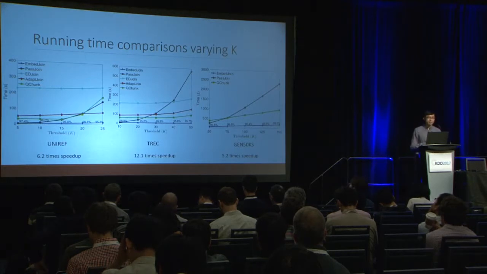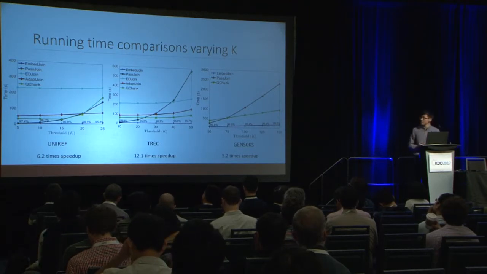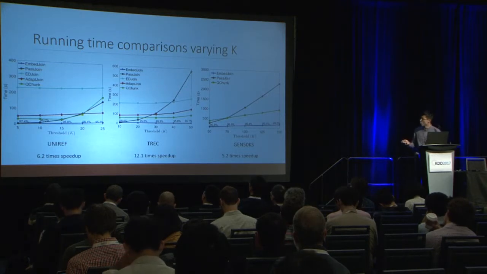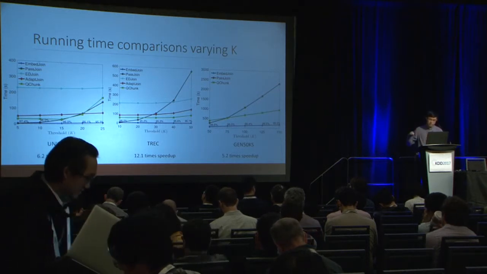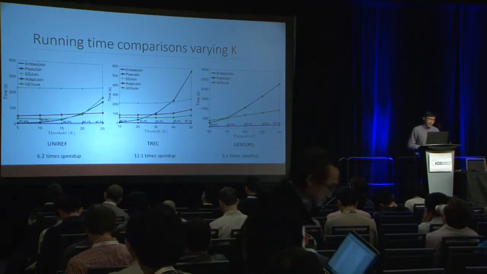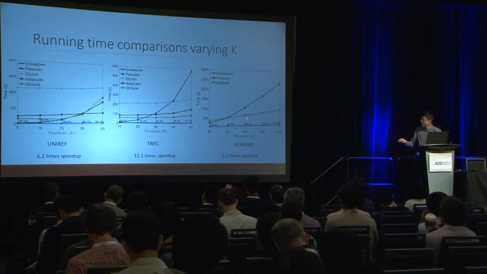So here are the running time comparisons varying k, which is the edit distance threshold. As we can see, the dark blue line is our algorithm. We always have the best time performance on these data sets. And the numbers here are the accuracy.